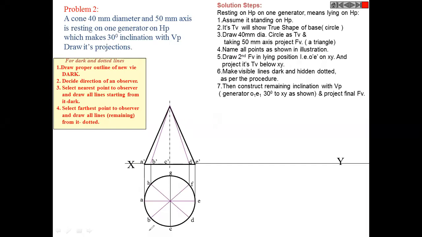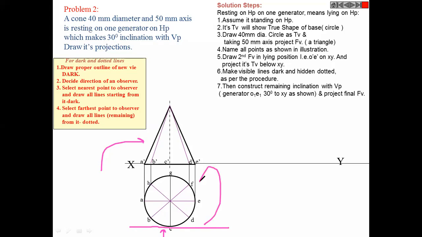Now see, for constructing this, we are actually seeing from here. So you can easily see point A from standing here. Yes. B you can see, C, D. Now F you can't see. If this is your line of sight, you can't see F directly.